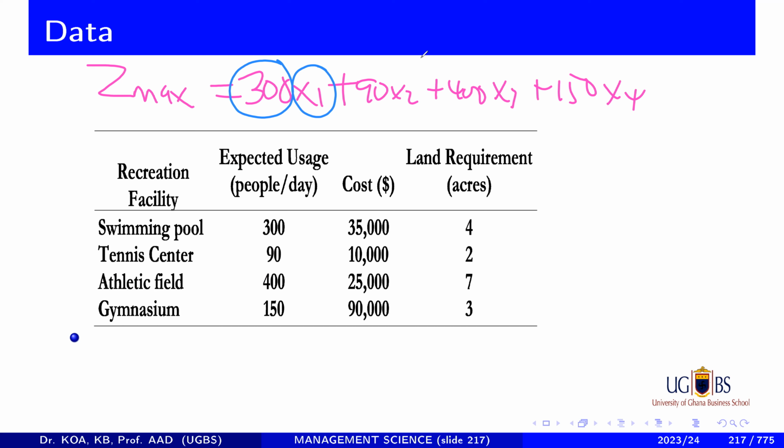Okay, so if there is no pool, then 300 will be the expected usage for whatever they decide to use the space for, instead of construction of the pool. So what is 300x1 combined together? All right, you've done well. At least you've spoken something. Let's go to Yvette.